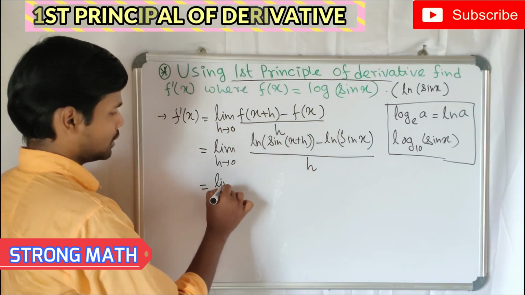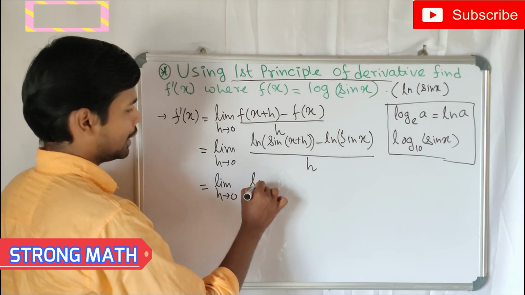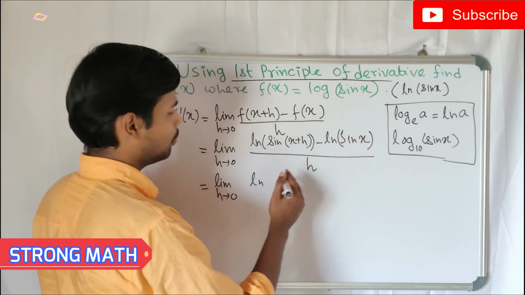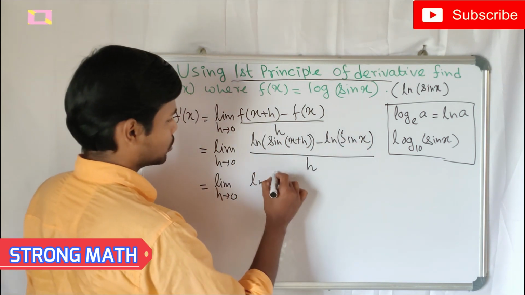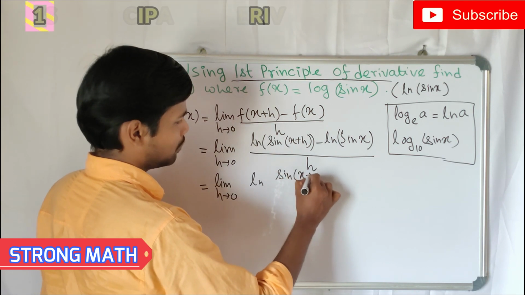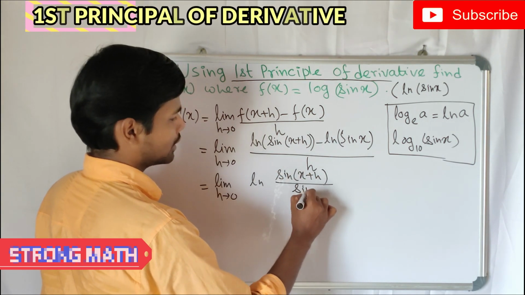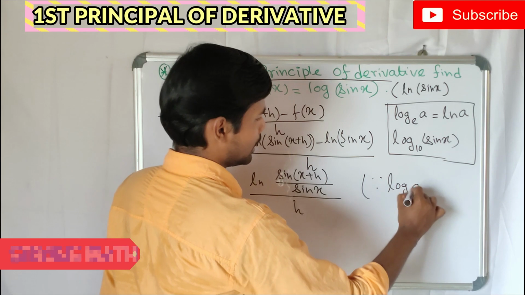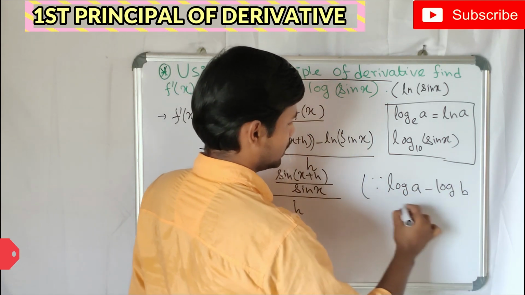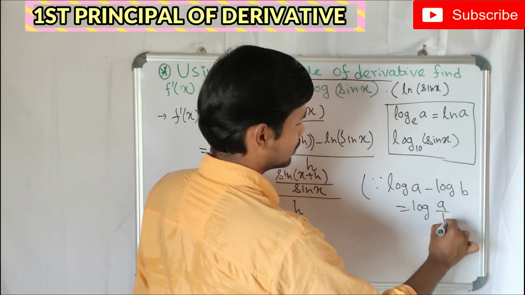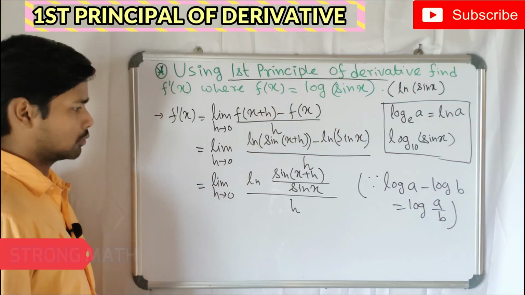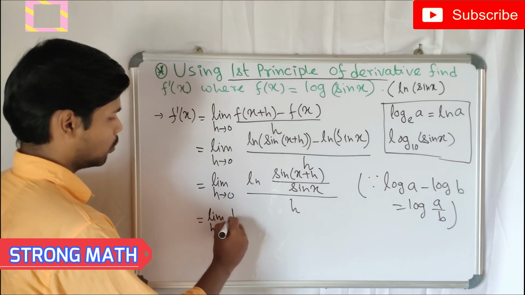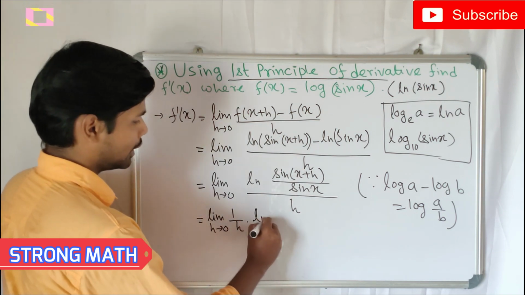This equals limit h tends to 0 of ln. You know that log a minus log b equals log of a by b. So ln of sin(x+h) by sin x, whole divided by h, applying this property of logarithm. Next, limit h tends to 0 of 1 upon h into ln.